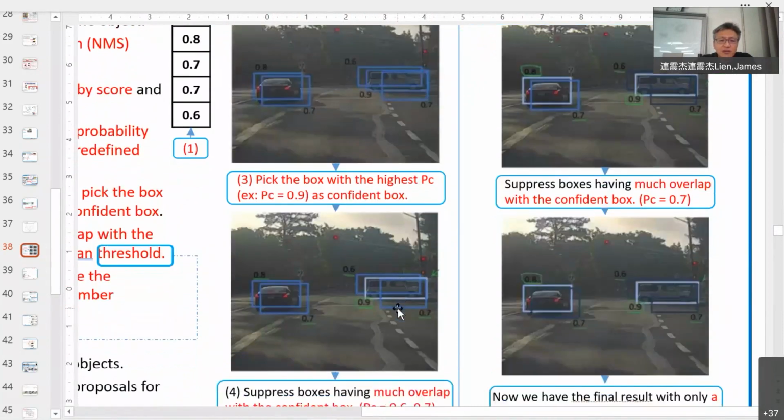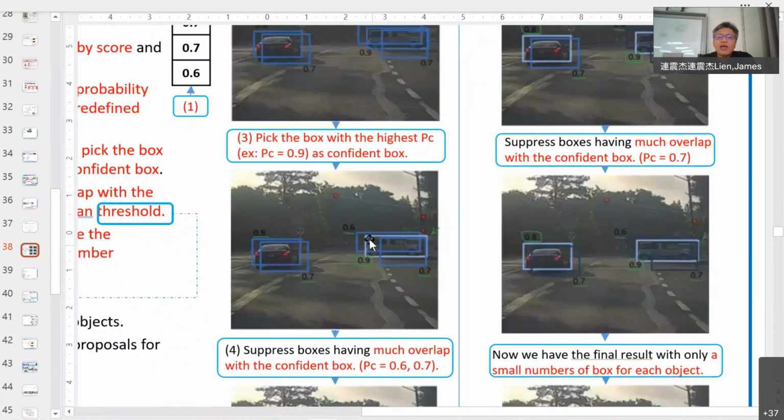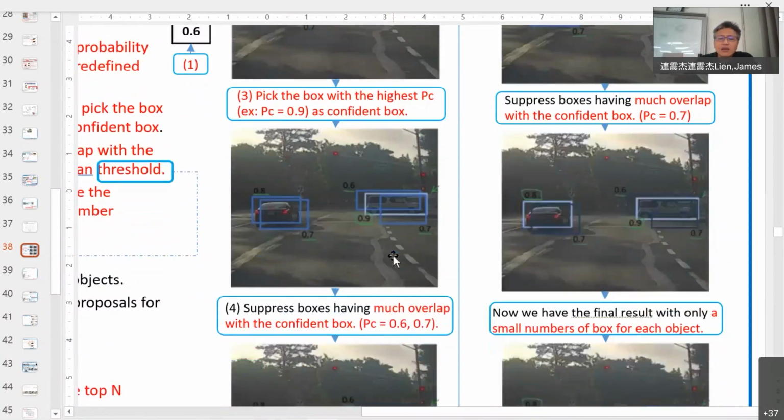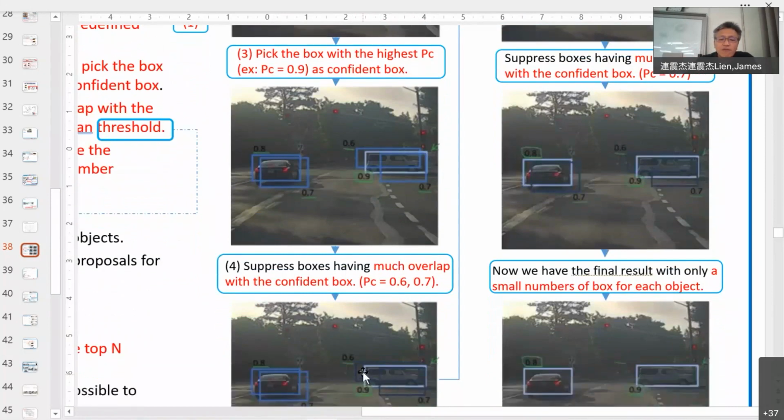Next, any bounding box overlapping with this highest one, suppose in this case we have 0.6, 0.6 and 0.7, we delete it. We delete any bounding box overlapping with the highest bounding box. Finally, in this region we have only one bounding box. That's your target.